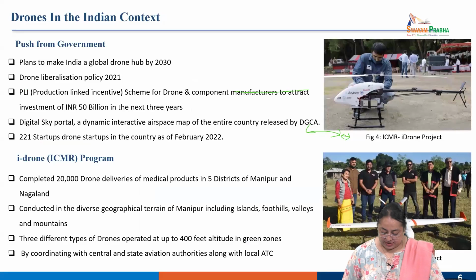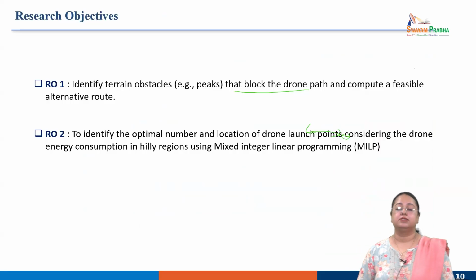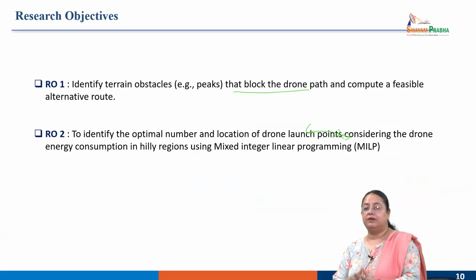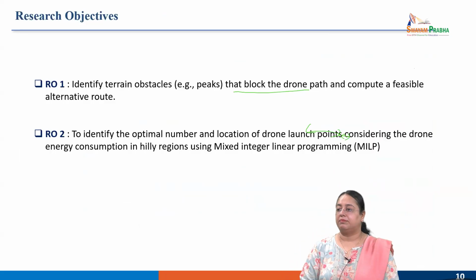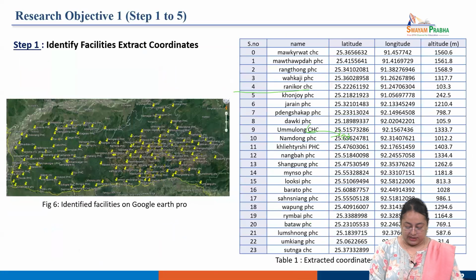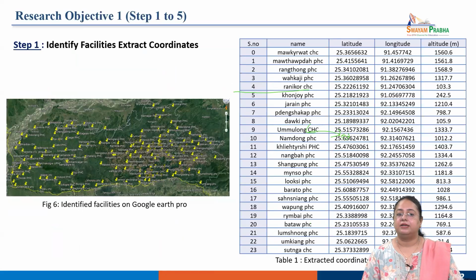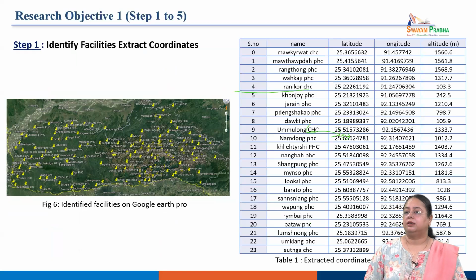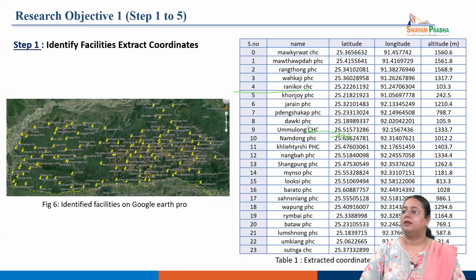So I'll straightaway go to the problem. We thought that we will address a problem: if we have to supply something to remote or difficult to access areas, where the terrain and geography have a lot of mountains and peaks, can we use the latest vehicles, generally unmanned aerial vehicles or drones, right?